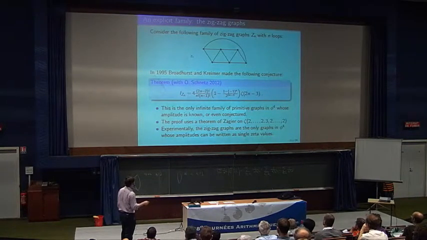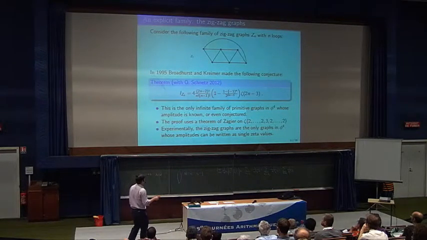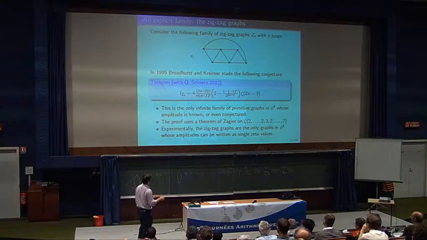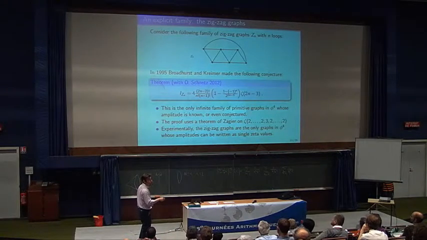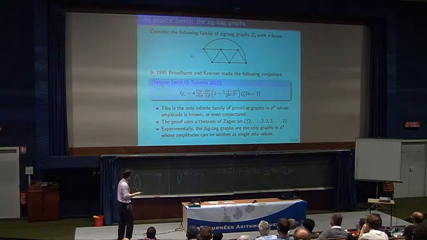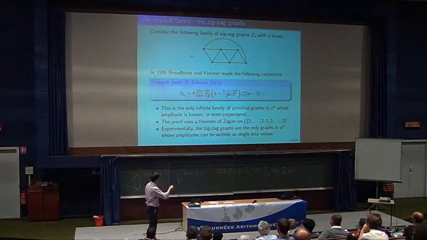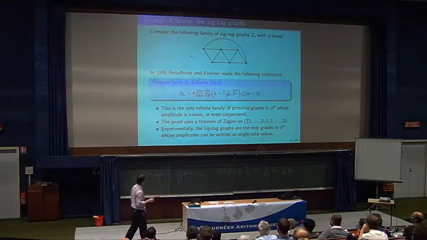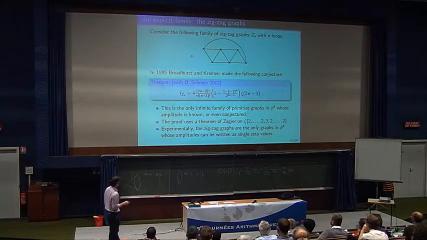And we use a recent theorem due to Don Zagier, published in the Annals of Maths, that evaluated this particular multiple zeta value, consisting of a series of 2's, a single 3, and a series of 2's, in terms of single zeta values and powers of pi. This particular theorem was something I needed to prove what's called the Hoffman basis conjecture for multiple zeta values a couple of years ago. So we were lucky that this was available.